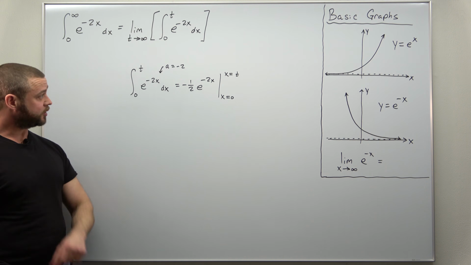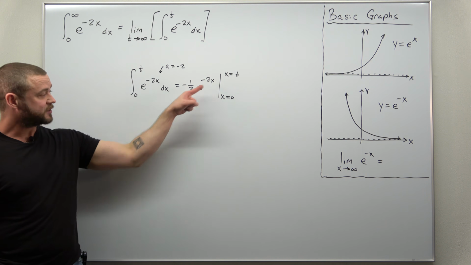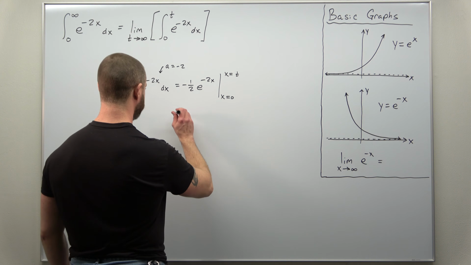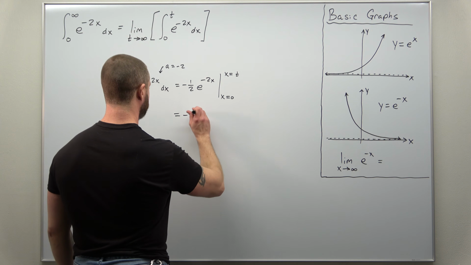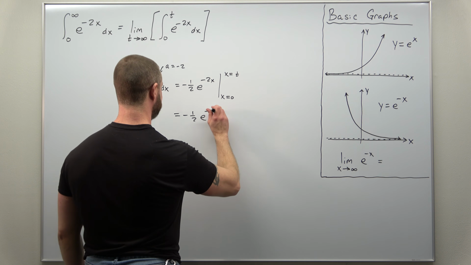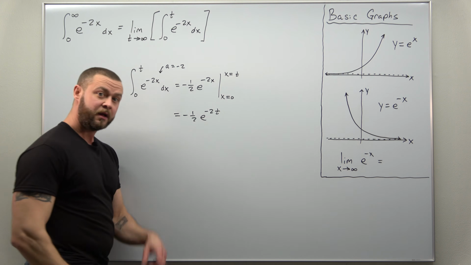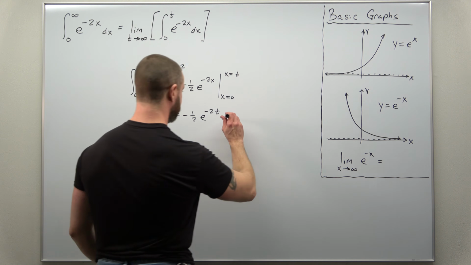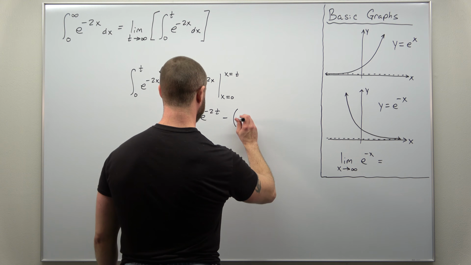So from here, we just plug in. We're going to plug in x everywhere as t, and then subtract when we plug in x as 0. So negative 1/2 e to the negative 2t. Be careful with your signs. Your antiderivative has a negative, so let me use parentheses.